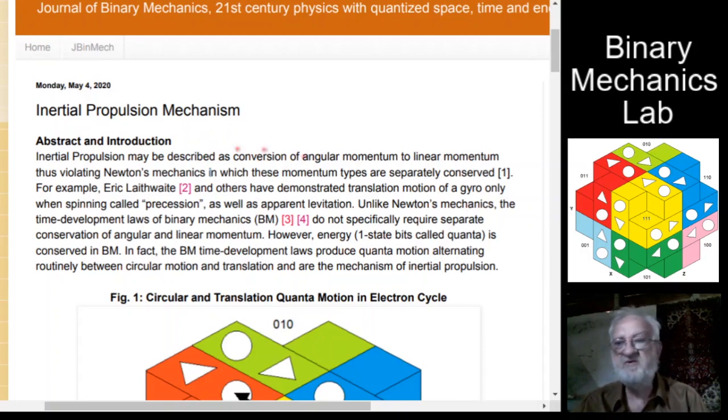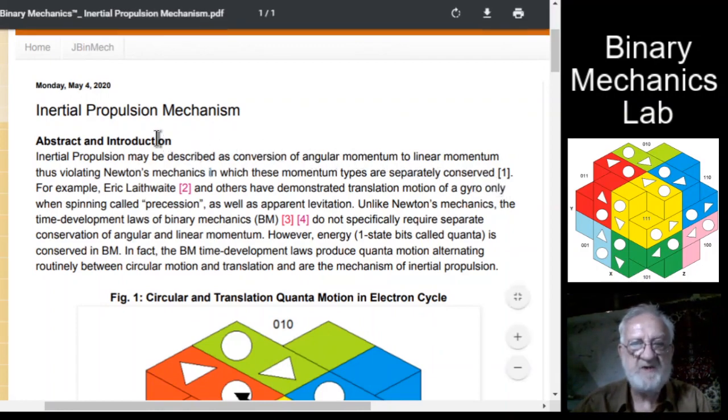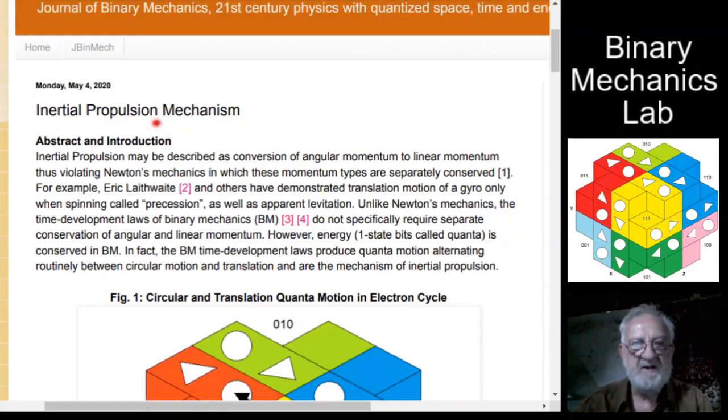Now, the author of the first reference in this article, Dennis Allen Jr., pointed out that the Boeing Aircraft Company is putting low altitude satellites into orbit using a special inertial propulsion device to levitate it so that it won't fall to Earth. However, it appears that nobody understands exactly how this inertial propulsion phenomenon works. That's what this paper is all about.